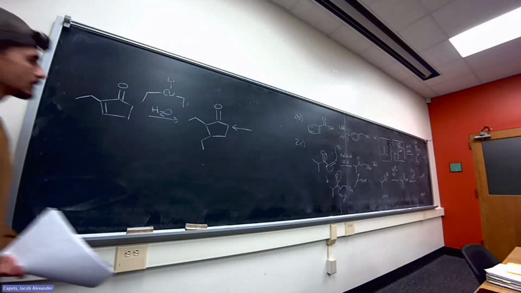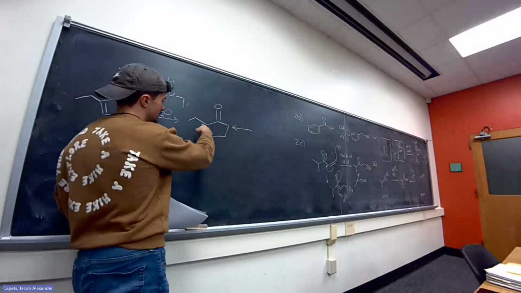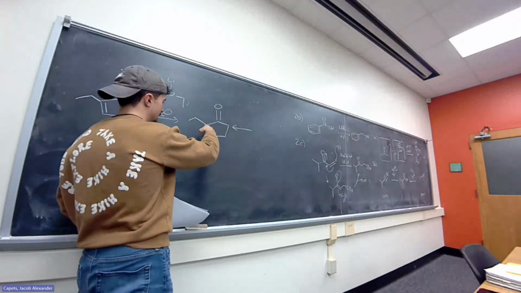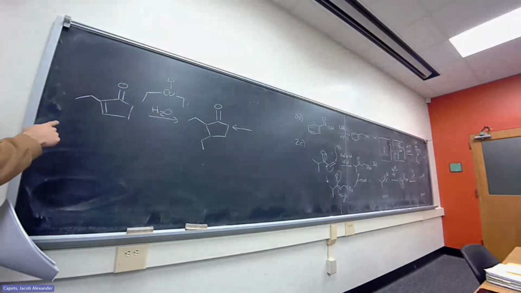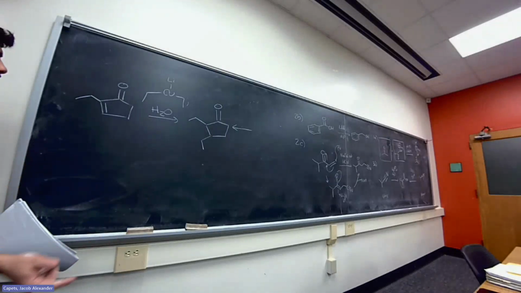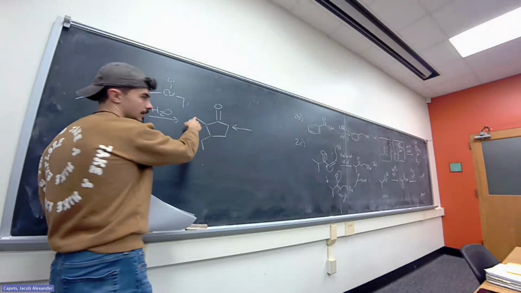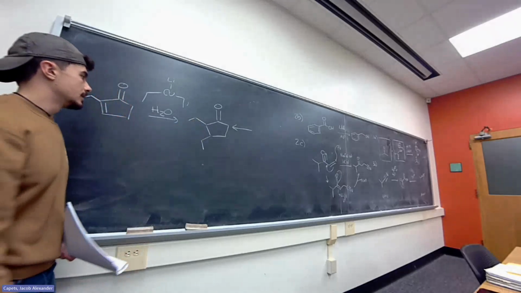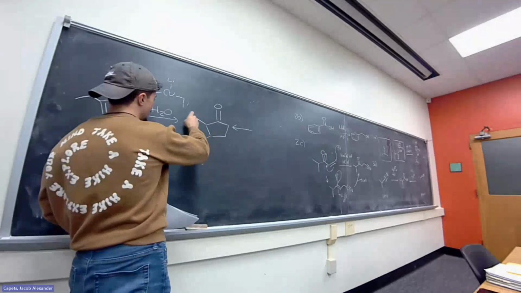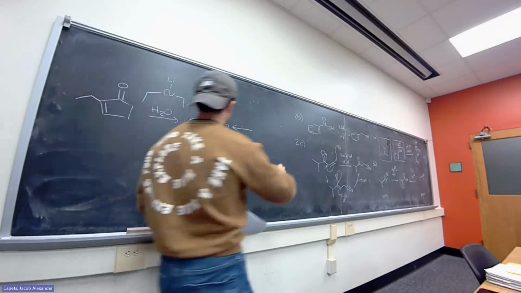So that'll give you that. We can't just use another ethyl cuprate and do it on this carbon. Even if you have the same enone here, that wouldn't add to that position. So this is the beta carbon that we want to add to. So we're going to add on this methyl group.